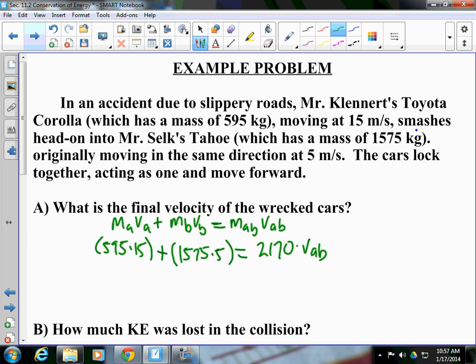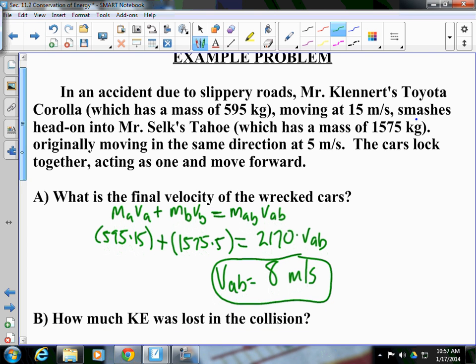You do some algebra, you rearrange, and you get with sig figs, VAB equals 5 meters per second is 1 sig fig, 8 meters per second. So like we said, that equation is what we already had.